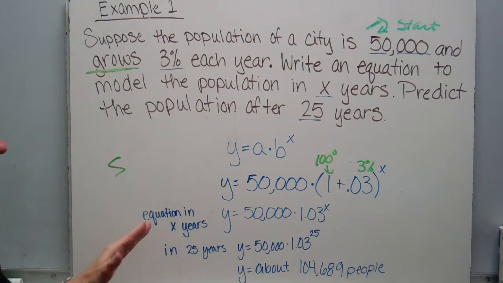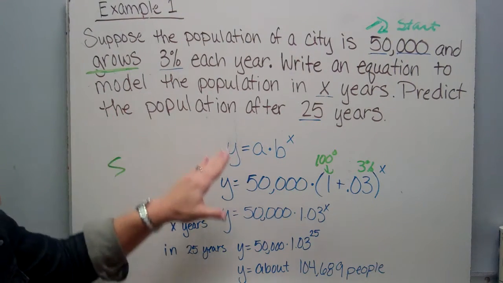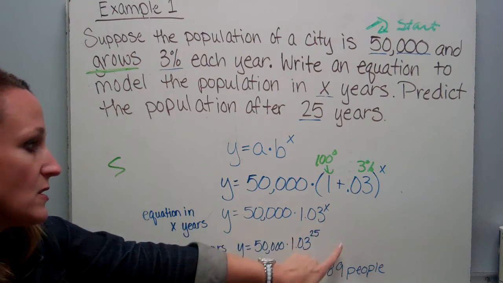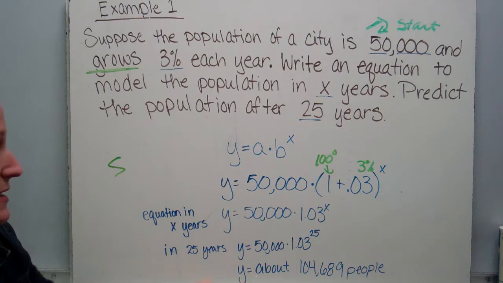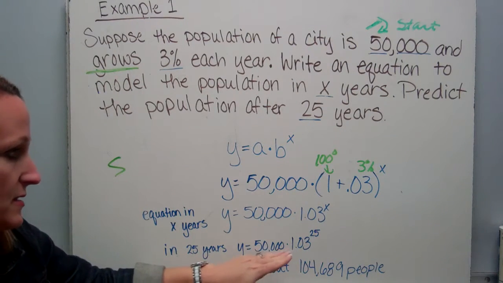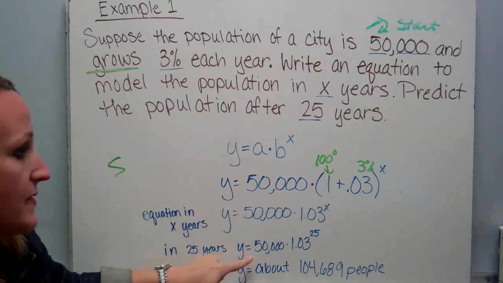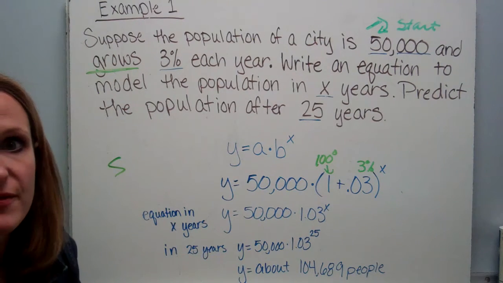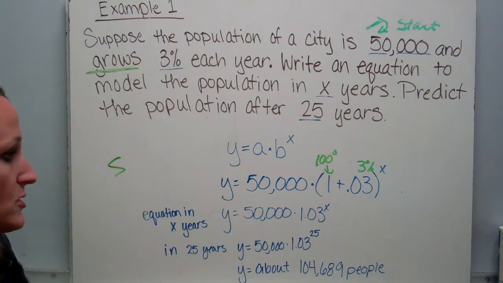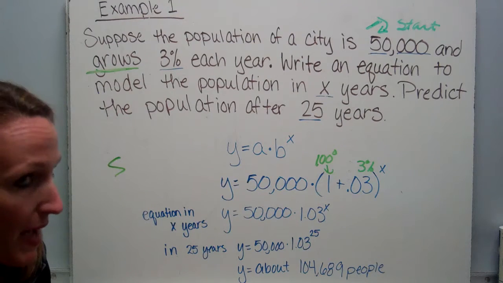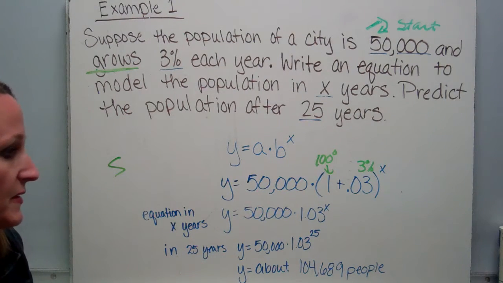Okay, then we're going to predict the population after 25 years. So this time we're going to replace our x with 25. Everything else stays the same. Our start value is still 50,000 times 1.03 to the 25. This is an equation we can actually solve. Everything is in there, we can just plug it into our calculator. So do 1.03 raised to the 25th power, multiply it times 50,000.